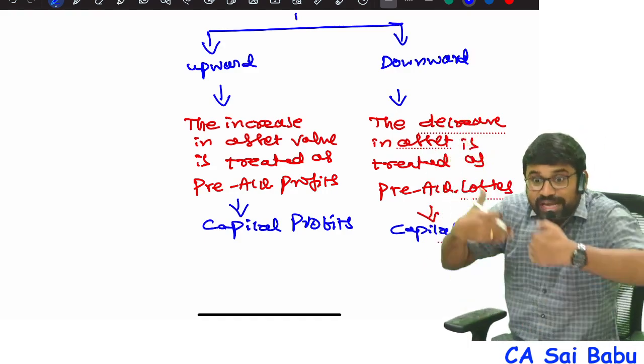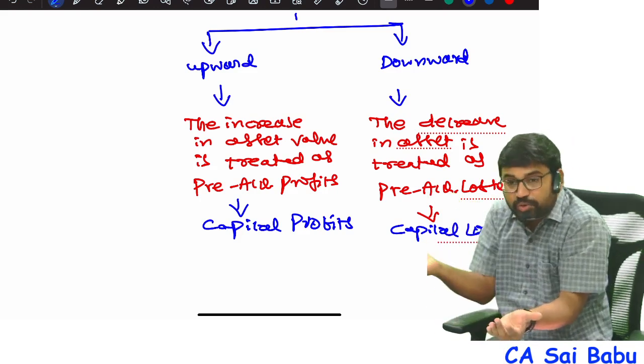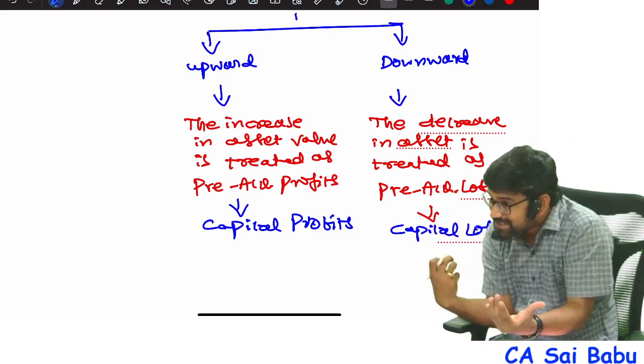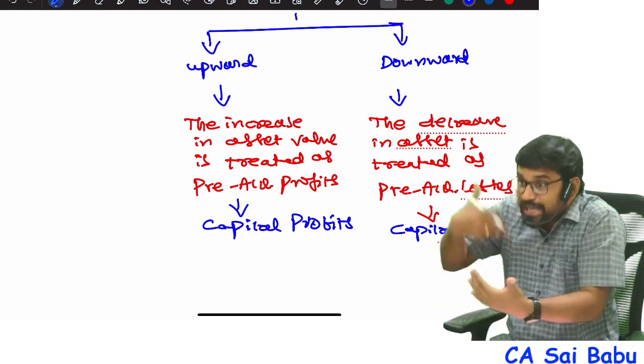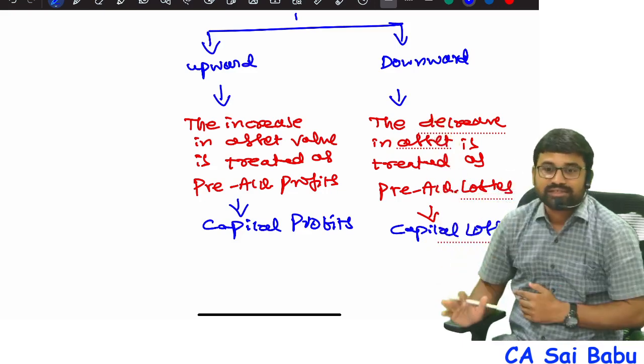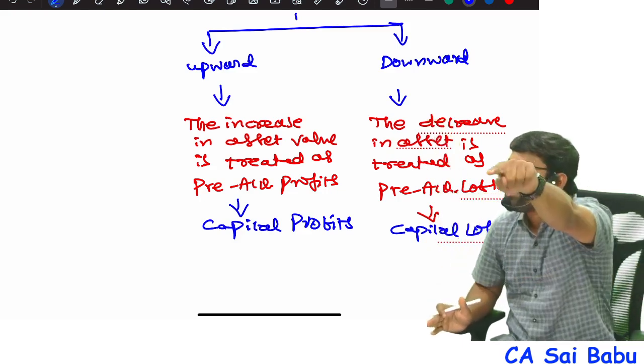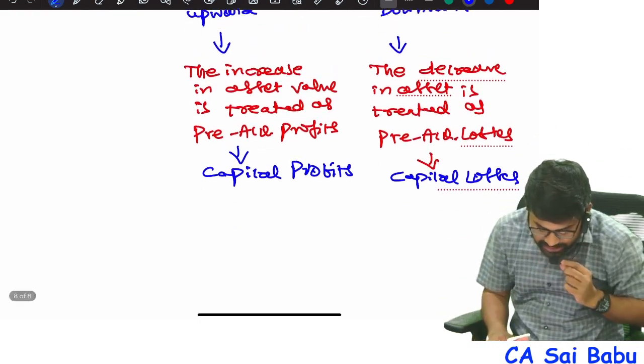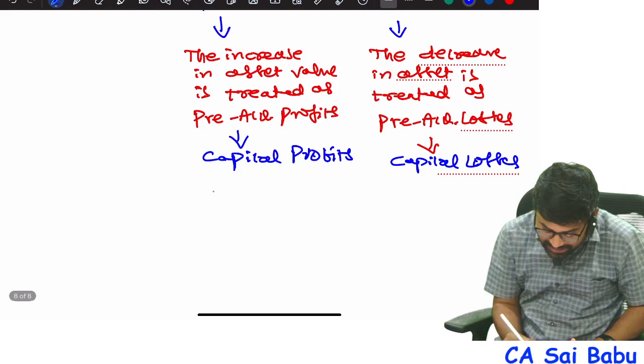If you provide additional depreciation, your post-acquisition profits will be decreased. If you are writing back the depreciation, your post-acquisition profits will increase. So that will also need to be considered. So please understand. If there is an upward revaluation, sir, see this.